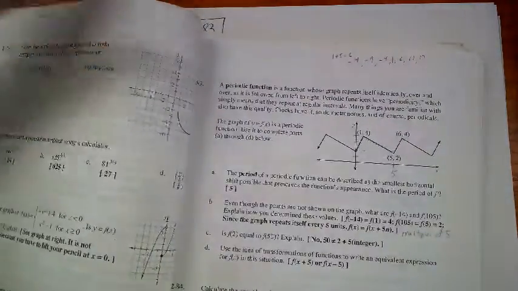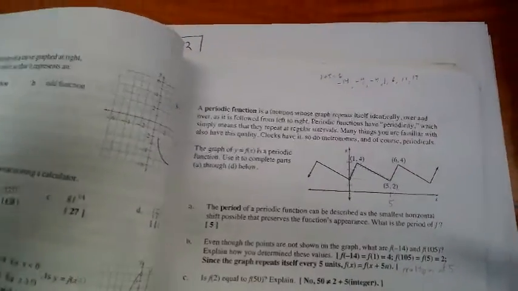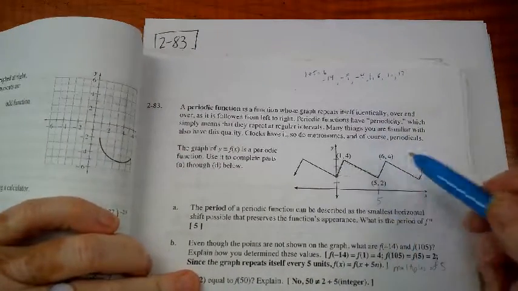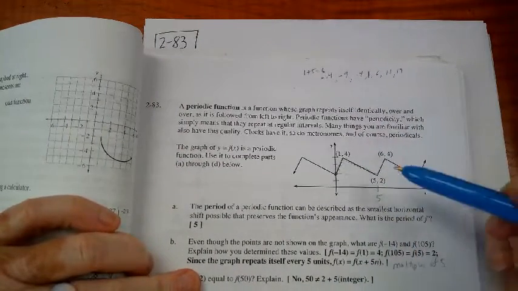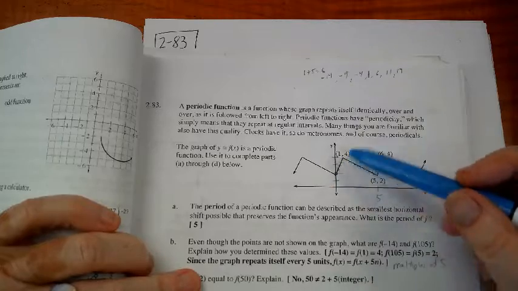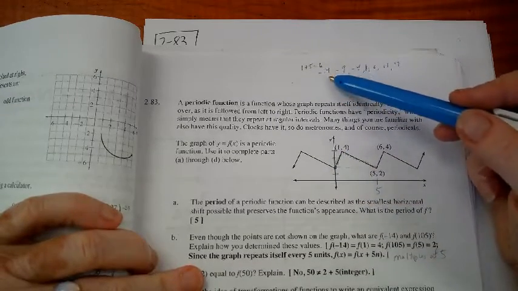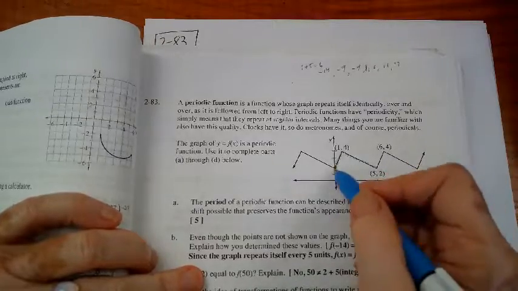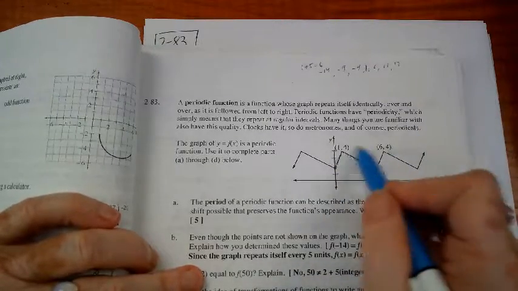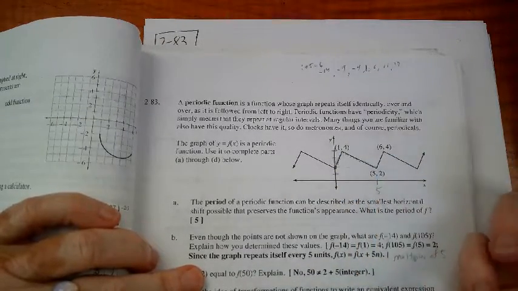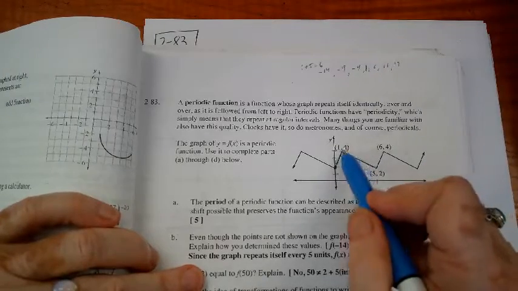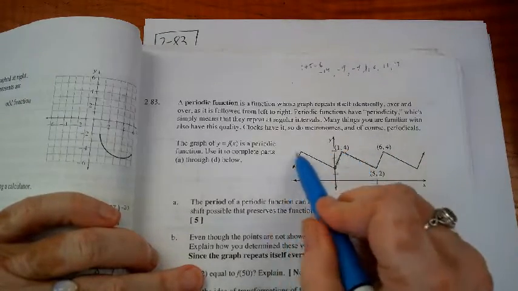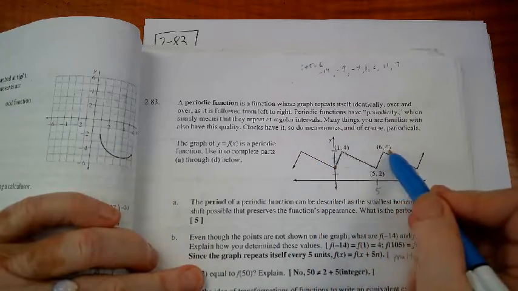I'm suspecting they're probably going to be asking me about values that are these top ones, because aren't the top ones all going to be 4?